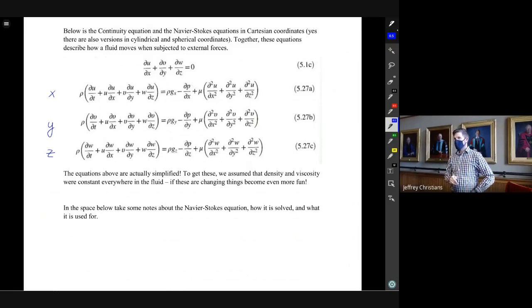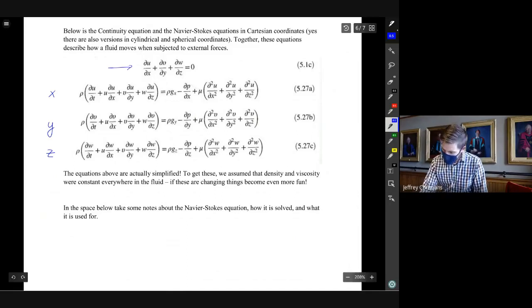So you have similar equations, F equals MA, because everything's a vector, so it's in all three directions. And then you also have this one, which is continuity, conservation of mass.